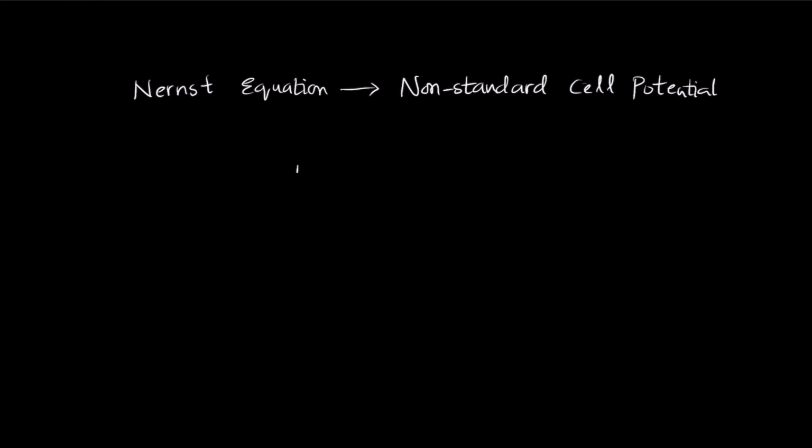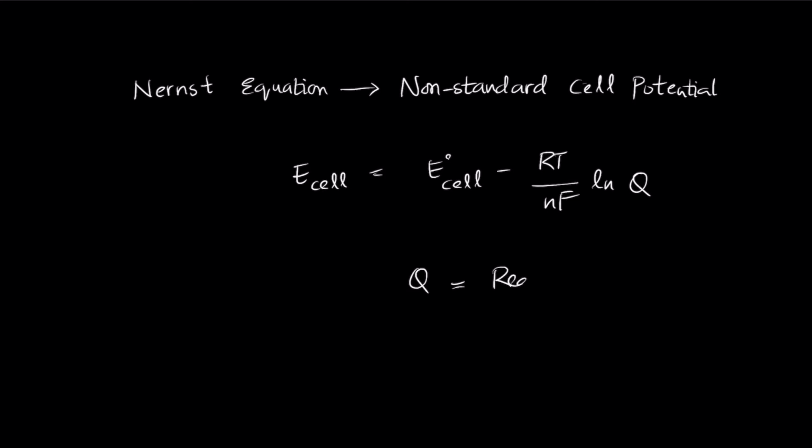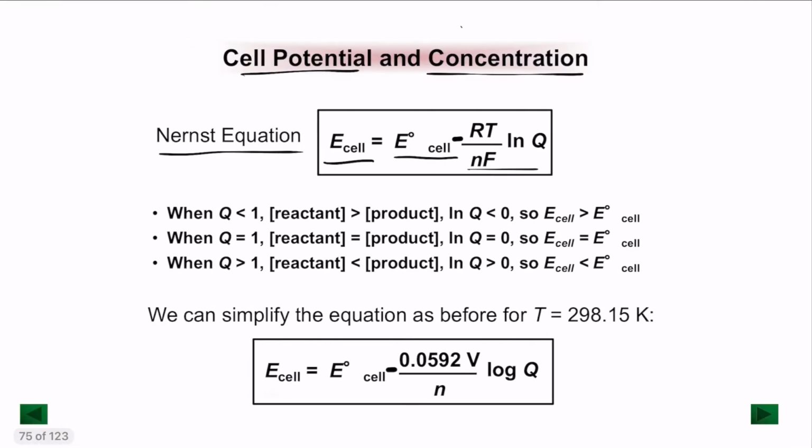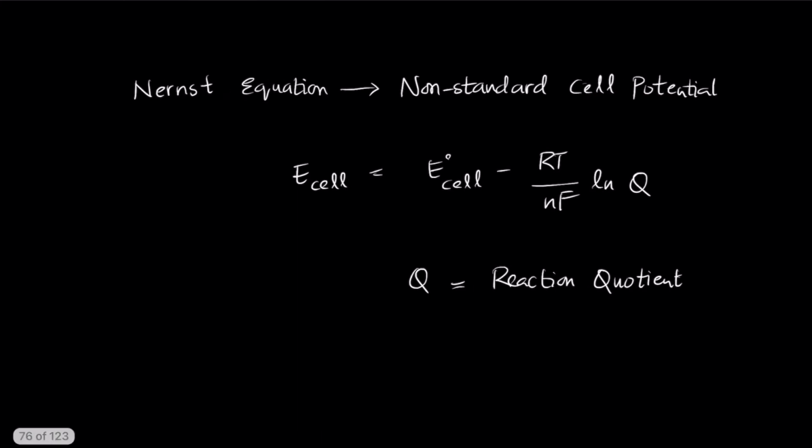The Nernst equation can be calculated as E of the cell equals the standard cell potential minus RT by NF ln Q, where Q is the reaction quotient. Based on the conditions here, we can calculate the cell potential.